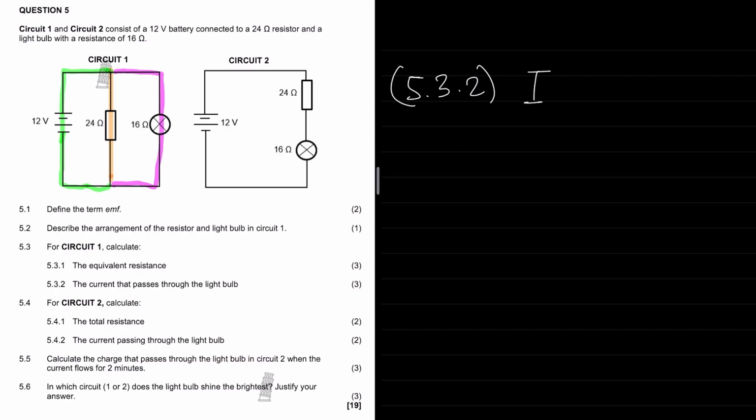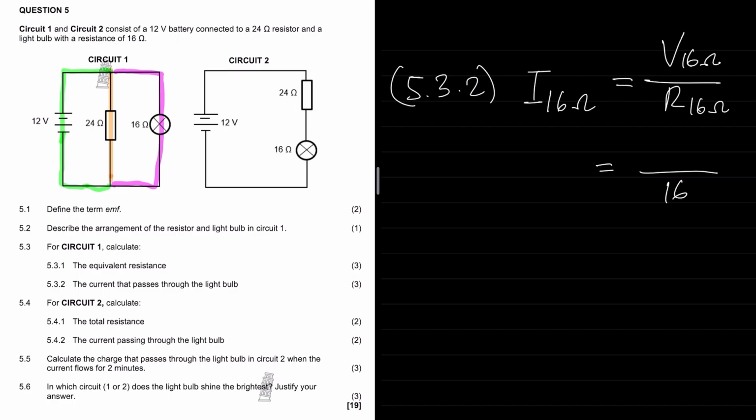The light bulb has a resistance of 16 ohms. So the current through the 16 ohm resistor is going to equal the voltage through that 16 ohm resistor divided by the resistance of that 16 ohm resistor. Obviously, we know the resistance, so we're just going to be dividing by 16 here.